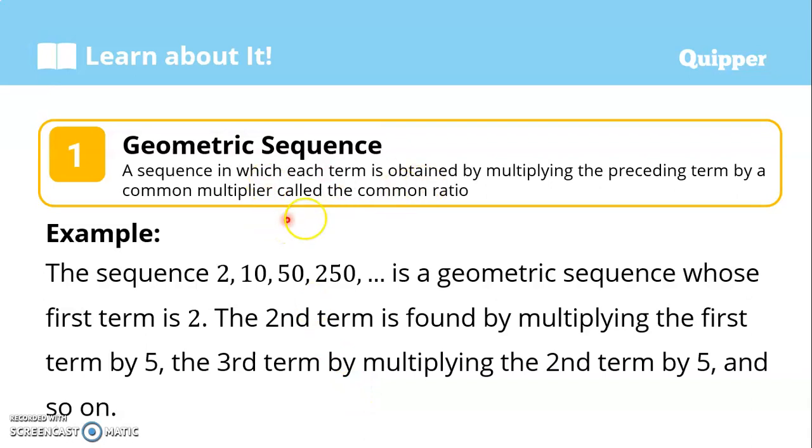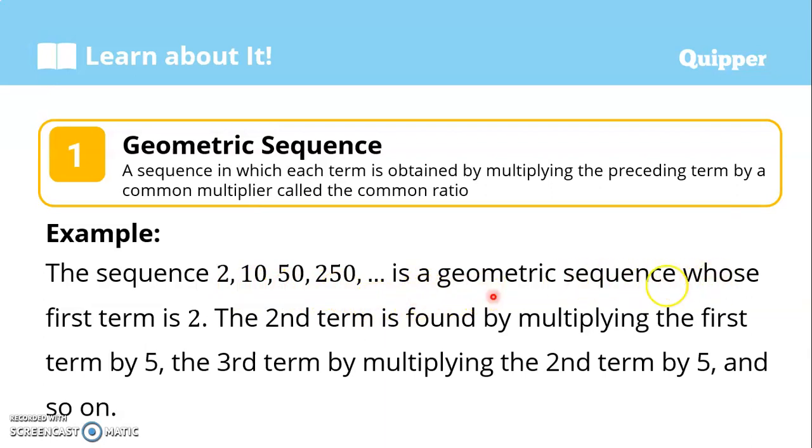So a geometric sequence is a sequence in which each term is obtained by multiplying the preceding term by a common multiplier, which we call common ratio. Common ratio denoted by r. So the sequence 2, 10, 50, 250, and so on.